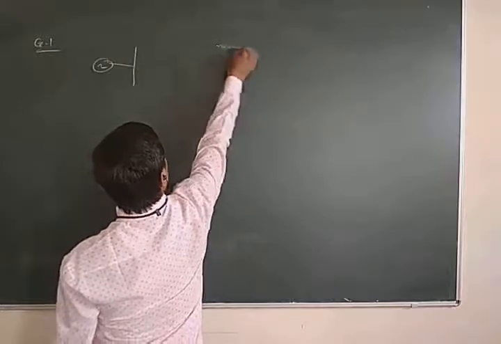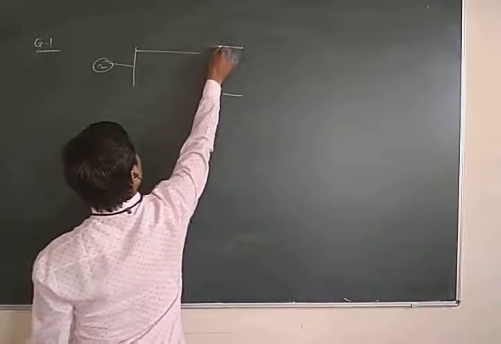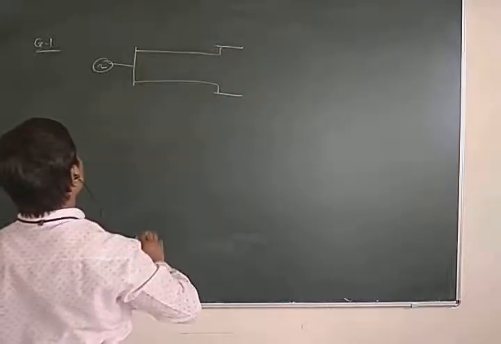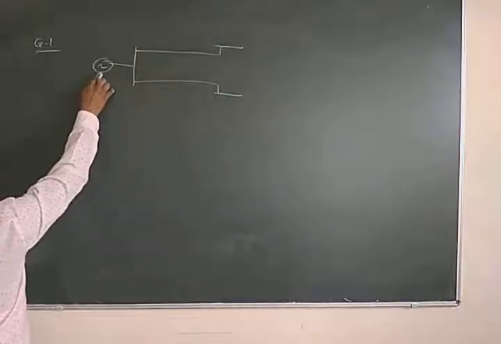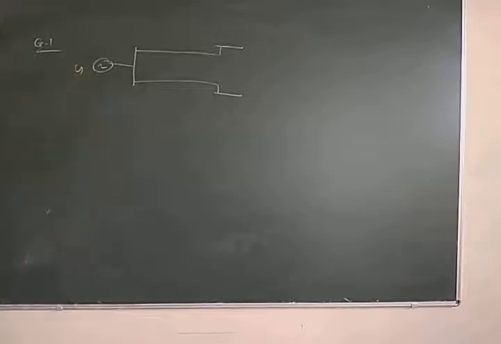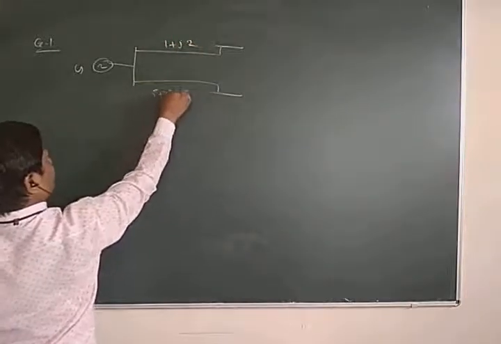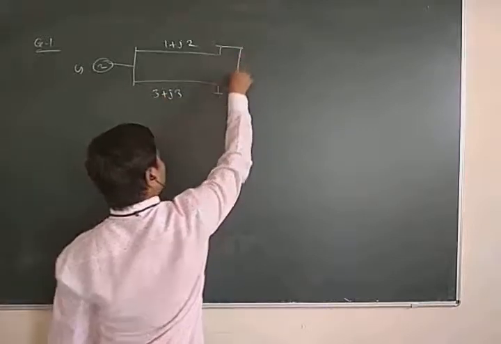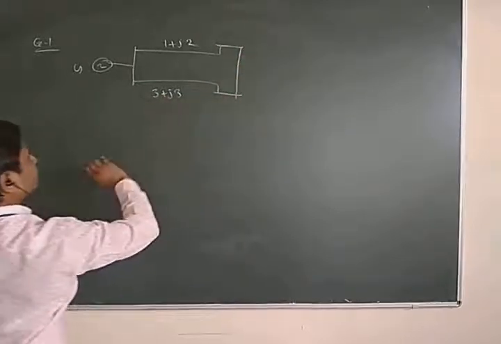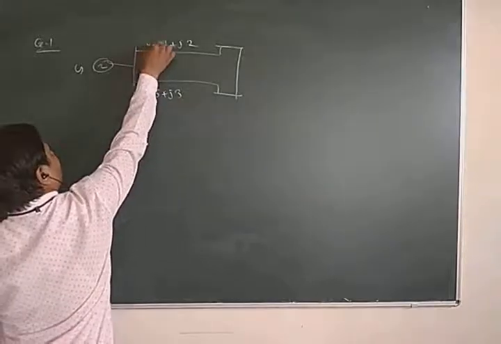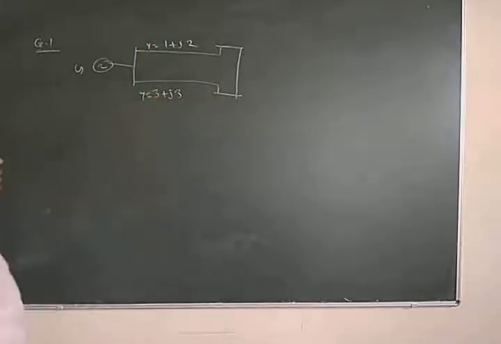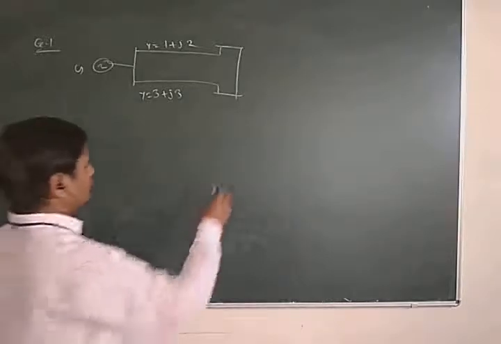We consider these are the 3 buses, and these are transmission lines, and at one bus there is a generator G. The data is given as 1 plus J2, 3 plus J3, and for line number 3 the data is given as 2 plus J1.